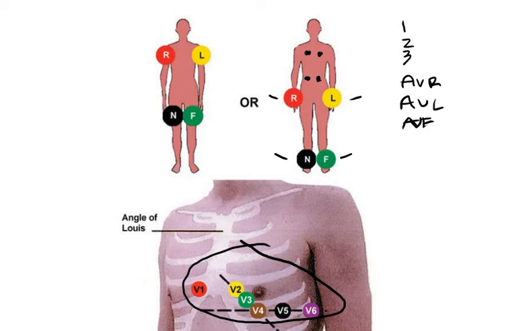It might be perfectly fine for monitoring a patient, but when you're in diagnostic mode trying to figure out what's wrong with the patient, the limb leads have to be on the limbs, which means somewhere outside the fold of the armpit in this direction, somewhere outside in this direction, and then outside the inguinal folds, somewhere south of these points. So you can put them over here close to the torso, but they can't be on the torso if you want to calculate a good, reliable diagnostic cardiac axis.